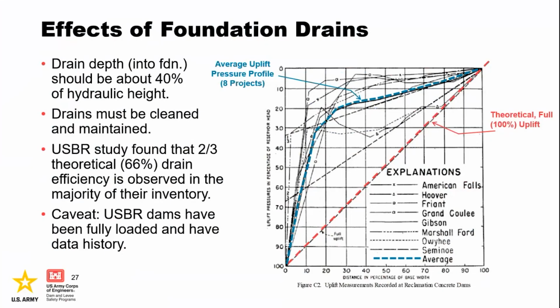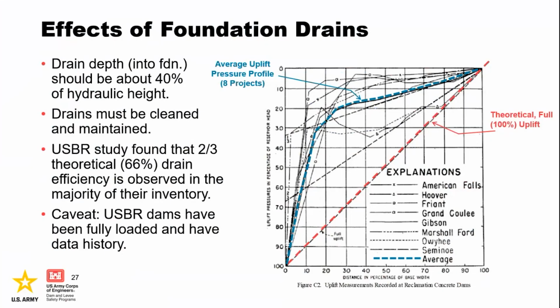Measurements at several large concrete dams show that the pressures downstream of a line of functioning drains are greatly reduced by the drainage and often by the rock itself, as shown in the figure on the right. The red line represents the theoretical uplift from the upstream heel of the dam to downstream. And then the blue lines are the actual foundation pressure measured.